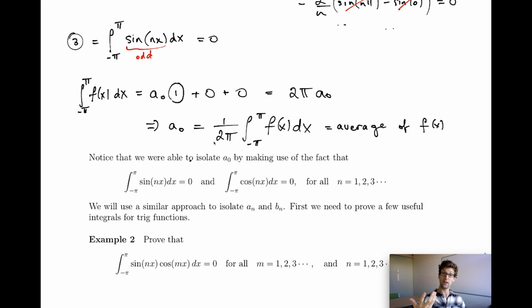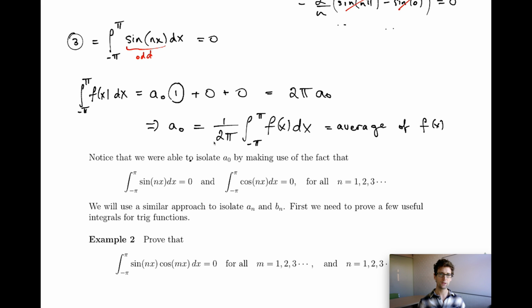When I'm trying to create the function f of x, I have to add in a certain base level, that's going to be a0, and then I start adding in sines and cosines, which oscillate about 0. So a0 is going to tell us the average value of f of x, which is sort of the base level that we're going to be adding our sines and cosines to.